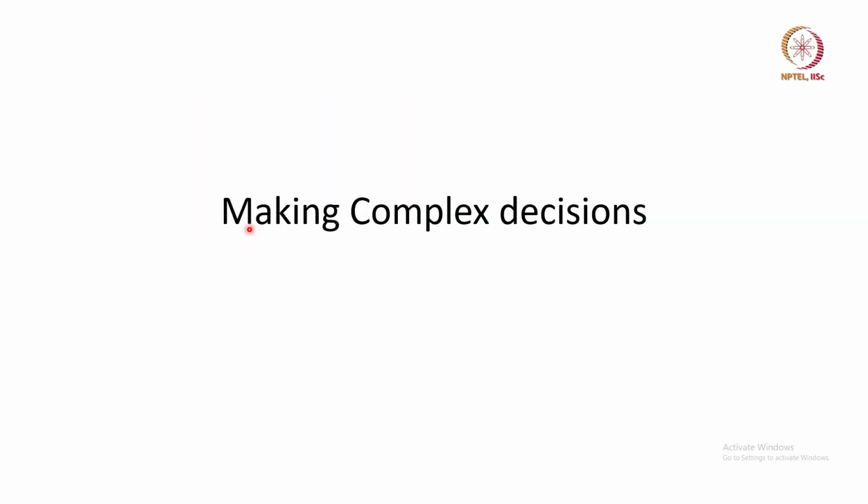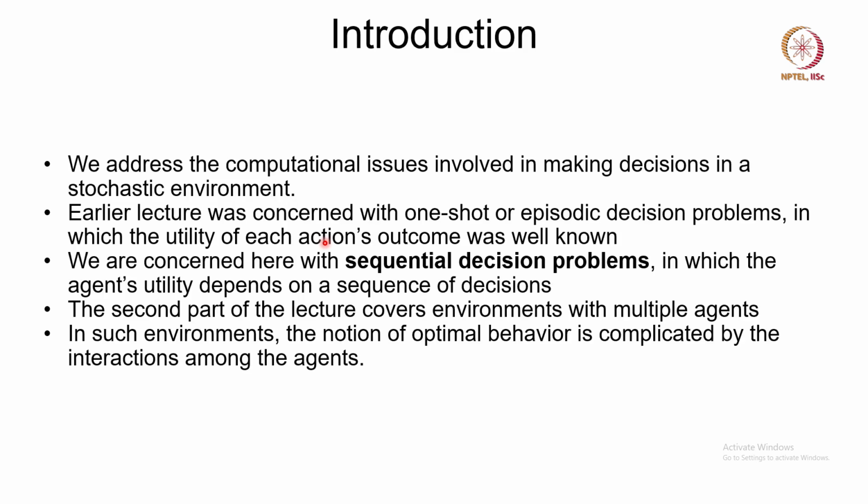Okay. So next we come to the topic of making complex decisions. We just talked about making simple decisions up till now, maybe taking a single action, but you have a complex decision which may consist of a number of actions moving through a set of states. That type of thing is called a complex decision, okay.